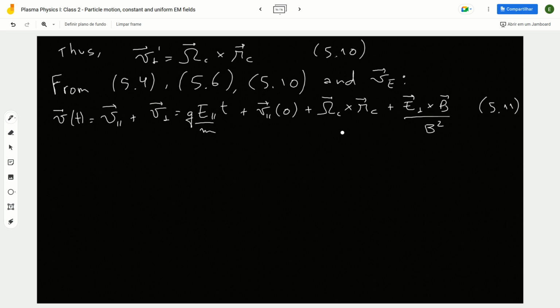Okay, this first term here is the constant acceleration of the guiding center along B. This is the velocity component parallel to B, the initial velocity component parallel to B. This is the cyclotron motion.